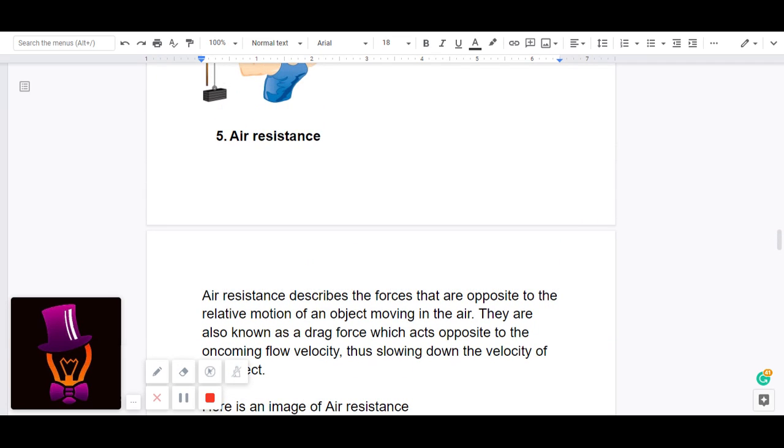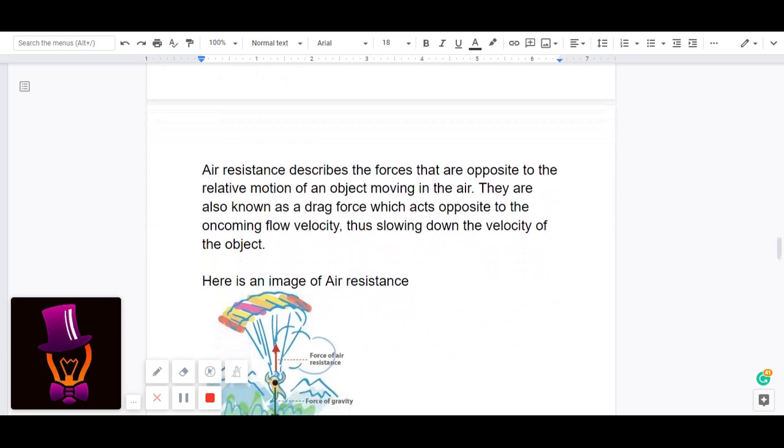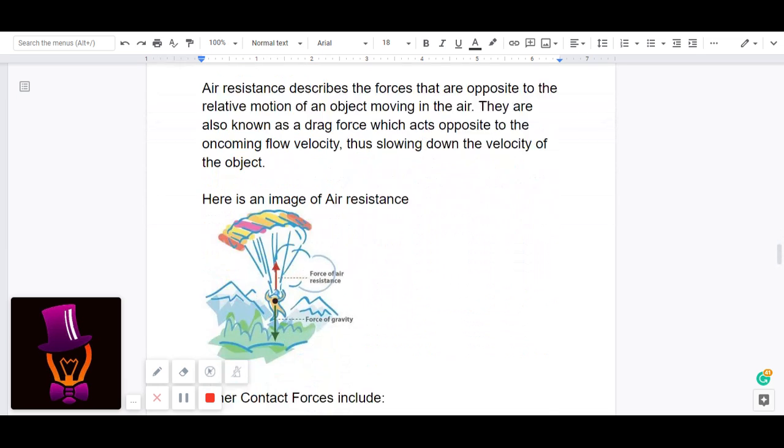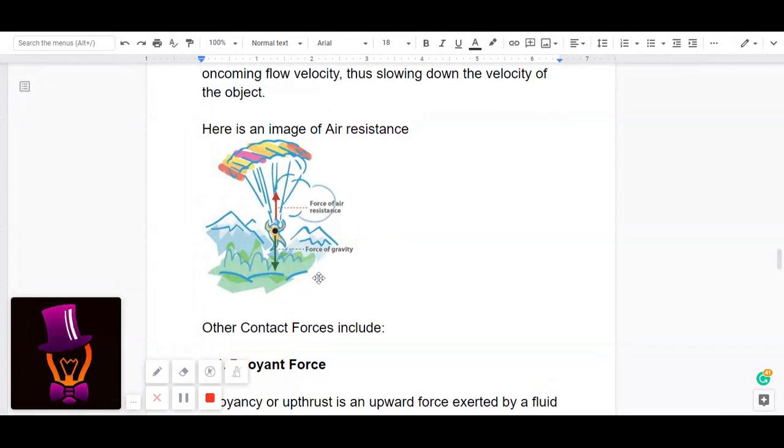Next, we'll be seeing air resistance. Air resistance describes the force that is opposite to the relative motion of an object moving in the air. It is also known as drag force, which acts opposite to the oncoming flow velocity. Thus, it slows down the velocity of the object. Here is an image of air resistance. As we can see, parachuting is a really good application of air resistance.